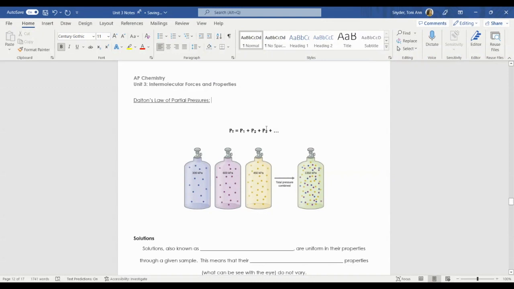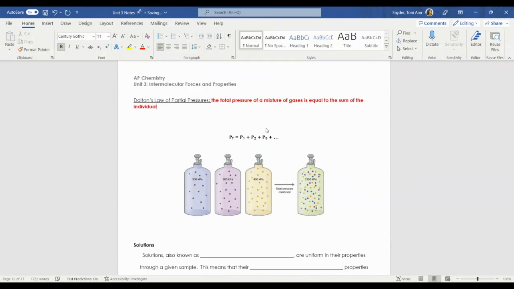Dalton's law of partial pressure says that the total pressure of a mixture of gases is equal to the sum of the individual partial pressures of the component gases.